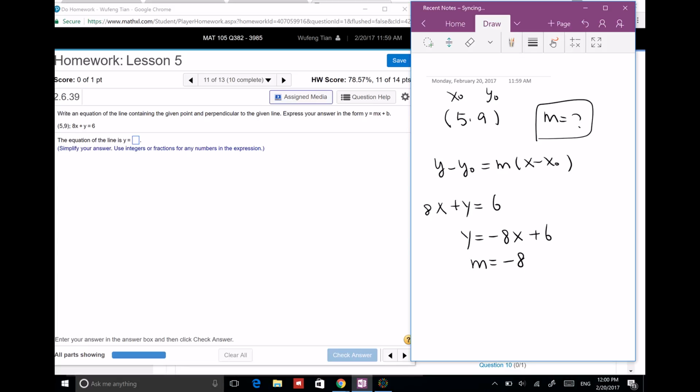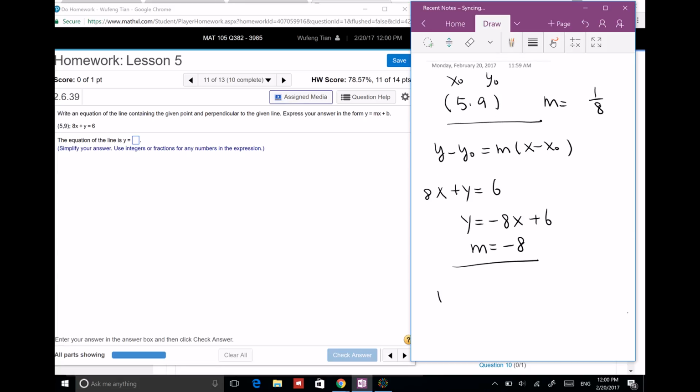If this line is perpendicular to negative 8, then this slope will be the opposite, which is positive, reciprocal, which is 1/8. So the slope of this line would be positive 1/8. So if we use the formula, it's going to be y minus 9 equals positive 1/8 times x minus 5.